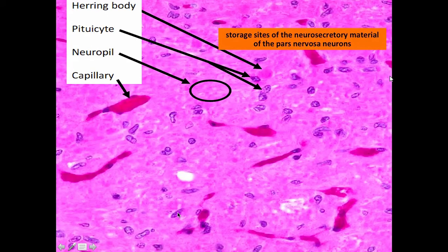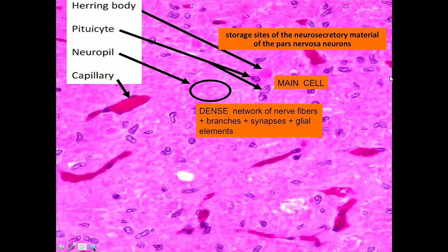Okay, the Herring bodies are the storage sites of the neurosecretory structures of the pars nervosa neuron. So dito nakatago ang mga hormones na kailangan later on. Okay? Whereas the pituicytes are the main cells and the neuropil are the dense network of nerve fibers, branches, synapses, and glial elements. So that's why your posterior pituitary gland is called the nervous part or the pars nervosa or the neurohypophysis.